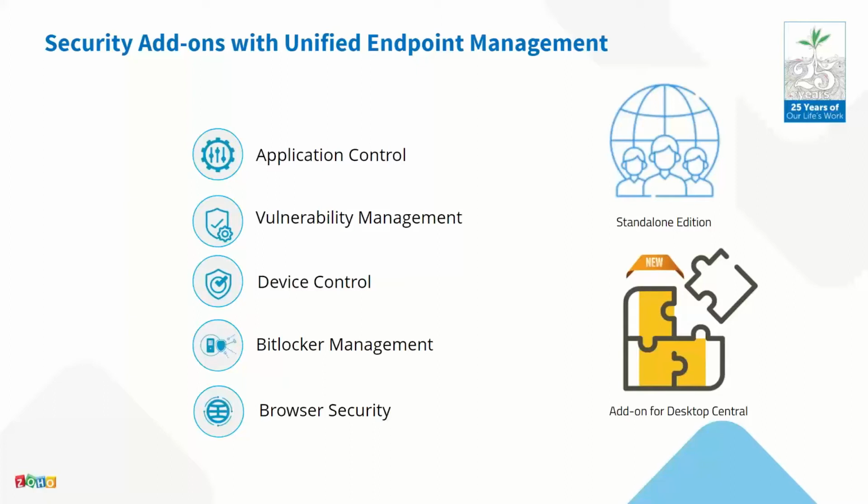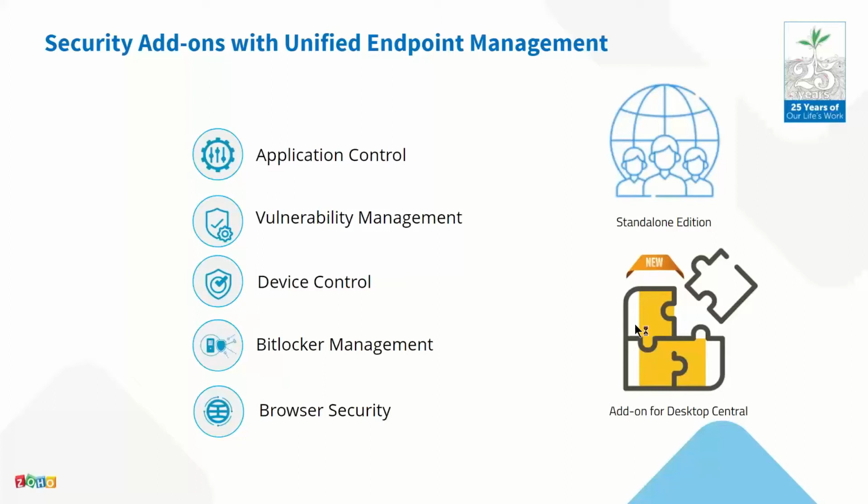Except for BitLocker management, all the other security add-ons, your application control, vulnerability management, device control, and browser security, these 4 are available as a standalone edition as well as an add-on for Desktop Central. So if you want a standalone edition for any of these separately, like vulnerability management, you have Vulnerability Manager Plus, Device Control Plus, and for browser security, you have Browser Security Plus.